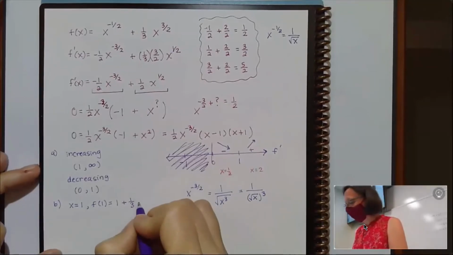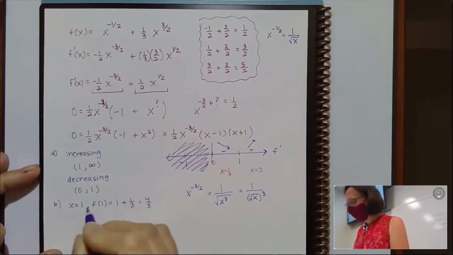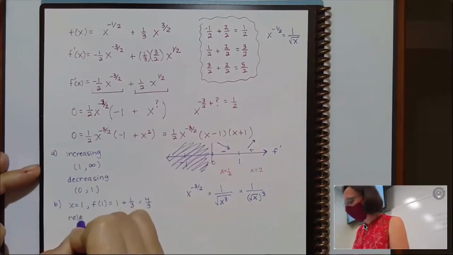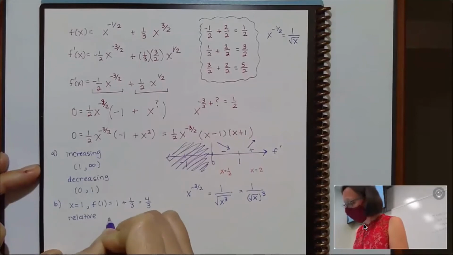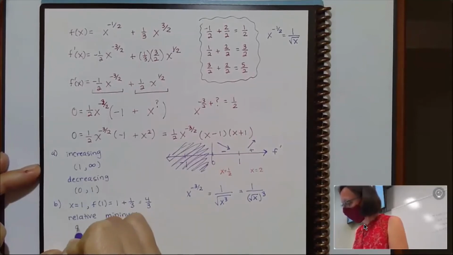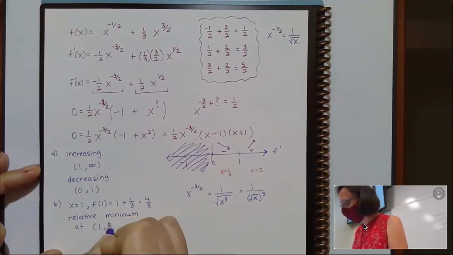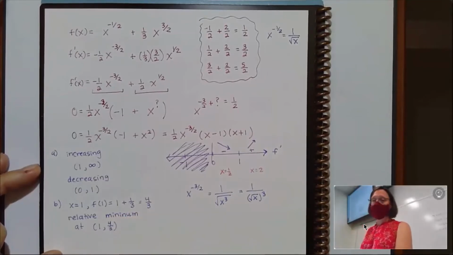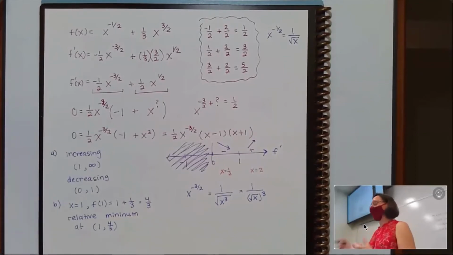So 1 plus 1/3 would be 4/3. So I would say that I have a relative min at (1, 4/3). I could also say that the relative minimum is 4/3, depending on how the question is phrased.